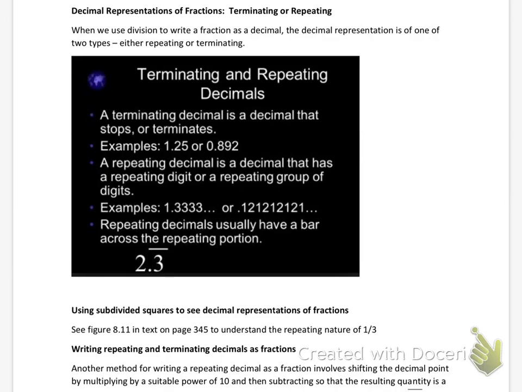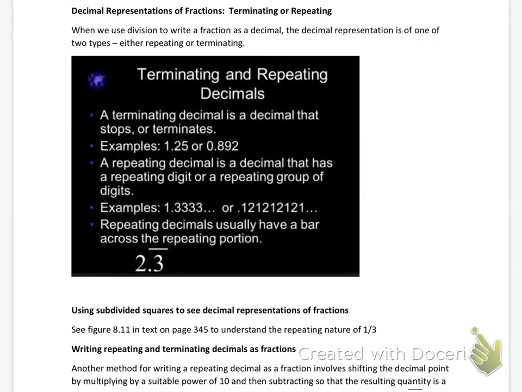So for example, 1.3333 can be represented as 1.3 with a bar on top. That's called bar notation. So only the 3 in the decimal spot repeats. Versus 1.21212121, etc. So in this situation, it's also a repeating decimal, but now the 10th place and the 100th place repeat.